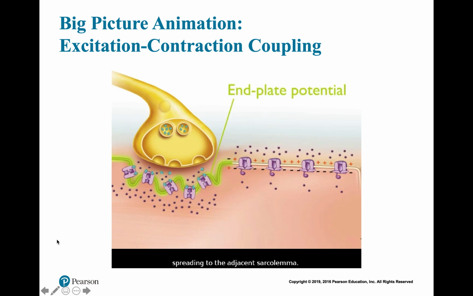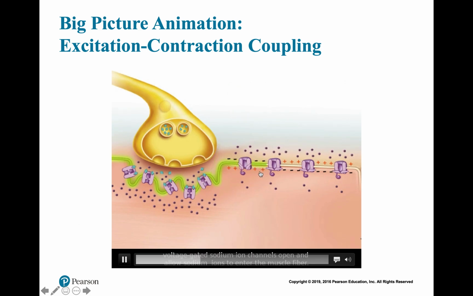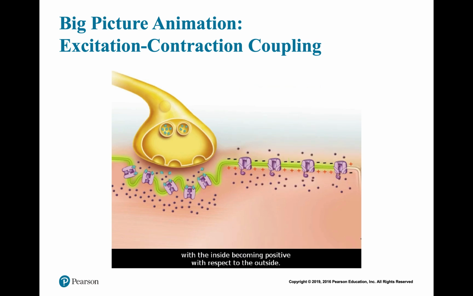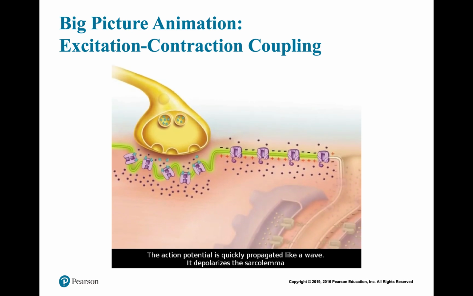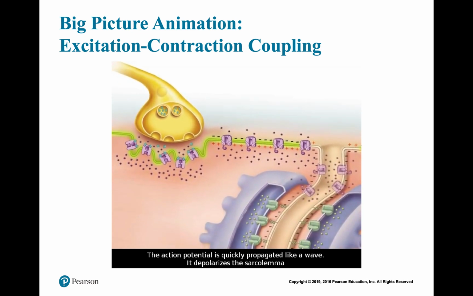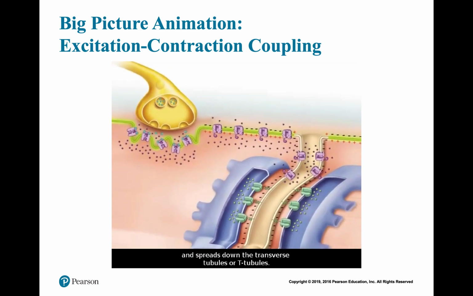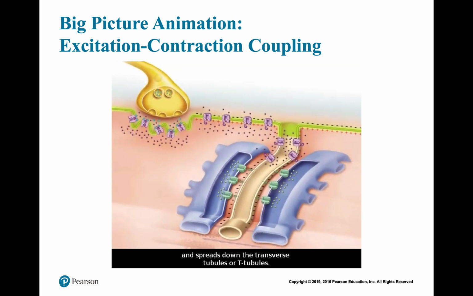The adjacent sarcolemma. When a threshold level of depolarization is reached, voltage-gated sodium ion channels open and allow sodium ions to enter the muscle fiber. The resulting action potential temporarily reverses the polarity of the membrane, with the inside becoming positive with respect to the outside. The action potential is quickly propagated like a wave. It depolarizes the sarcolemma and spreads down the transverse tubules or T-tubules.